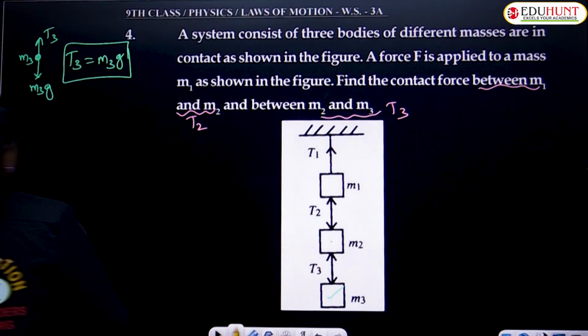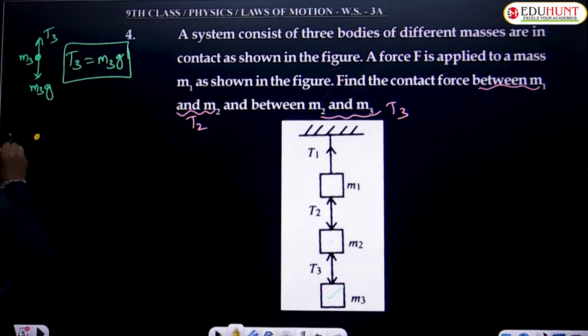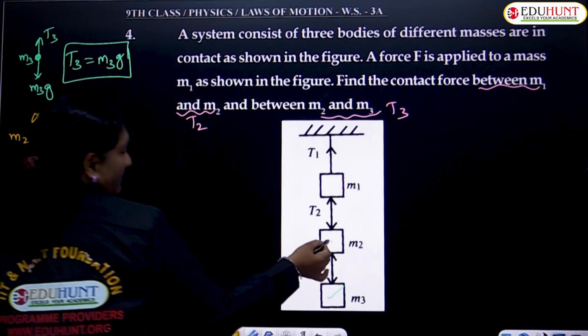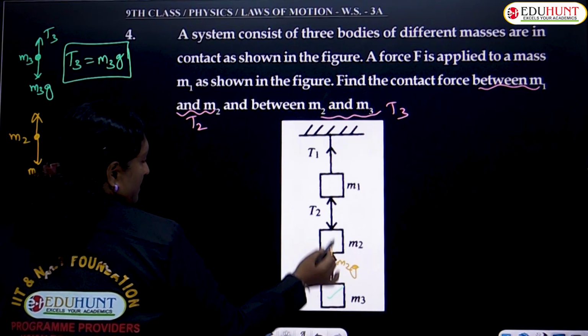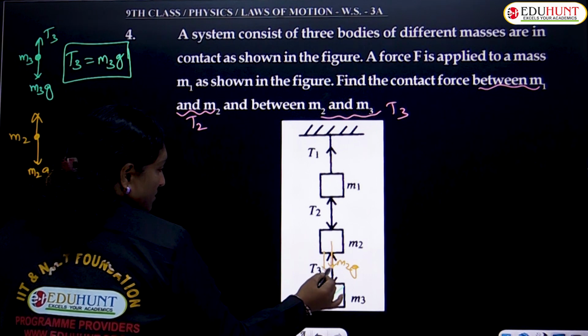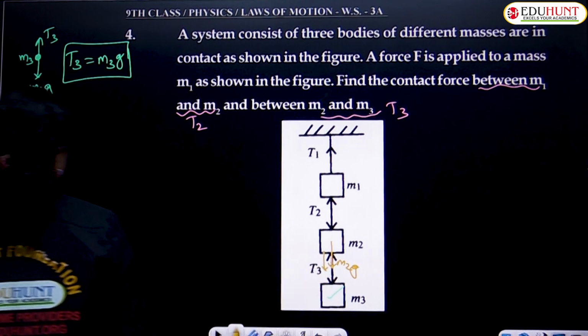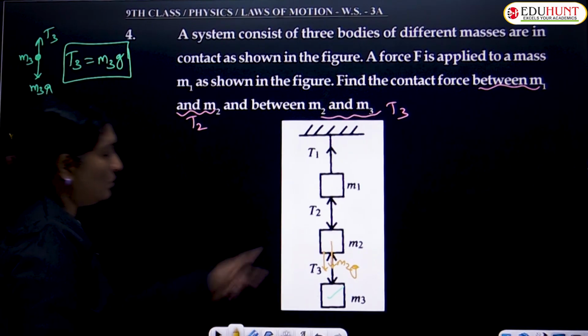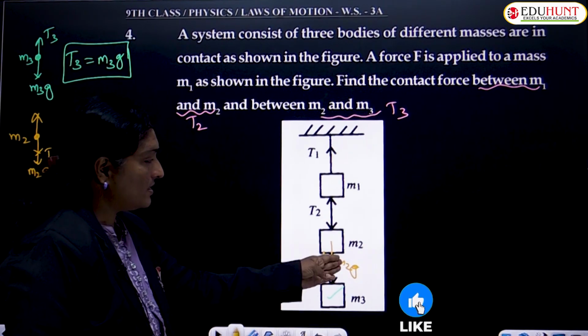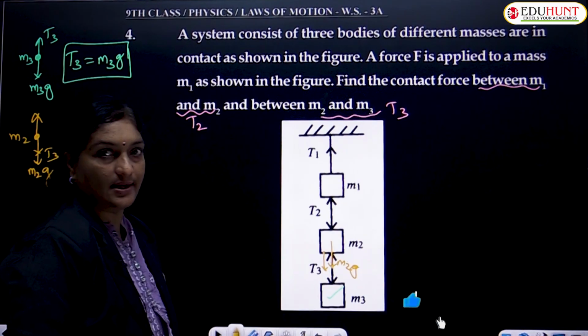So let us focus on m2. Here it is m2. The weight of m2 is no doubt acting downwards. Along with that, tension is also acting downwards. How much tension? T3. So two downward forces are acting: one is the weight of the mass as well as the tension in the string.